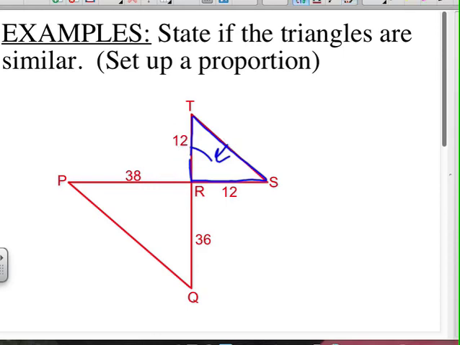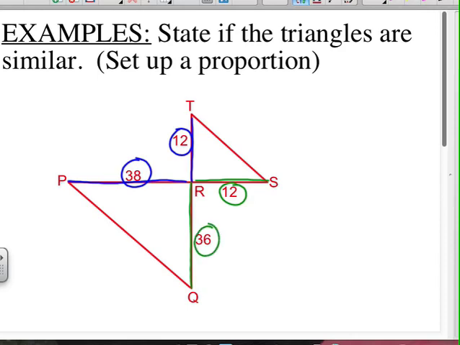Corresponding sides. And what we end up seeing, hopefully you see, is that side RT corresponds with side PR. Those two sides go together. So this guy corresponds with this guy. And side RS corresponds with side QR. So 12 corresponds with 36.